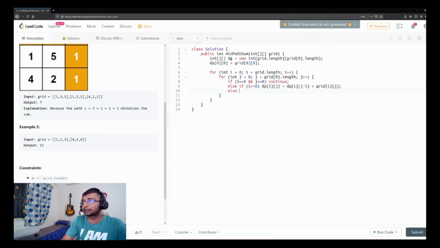And similarly for j equals 0, we are going to do the very same thing, but instead of changing the column, I'll just change the row. Yeah, that is mostly it.